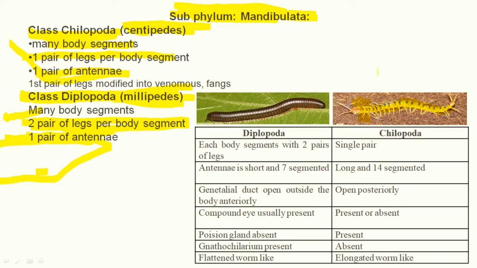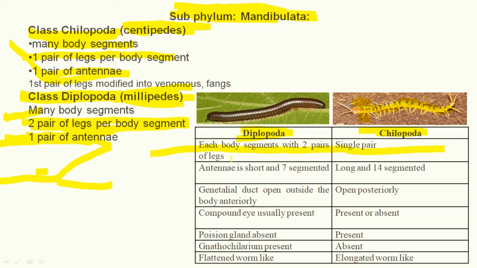Understood? So now coming to the difference, you can easily understand. Difference between Diplopoda and Chilopoda. So the first one is what? Each body segment with 2 pairs of legs. Diplo, the name is di.